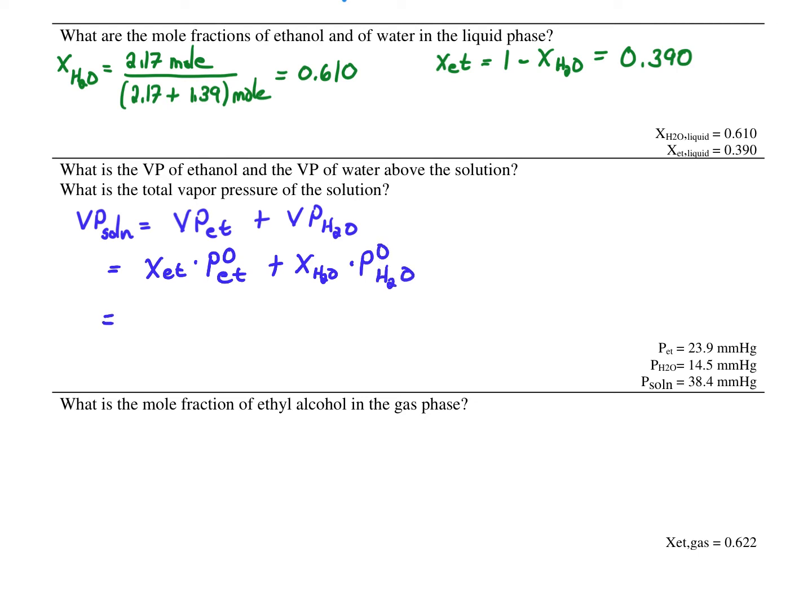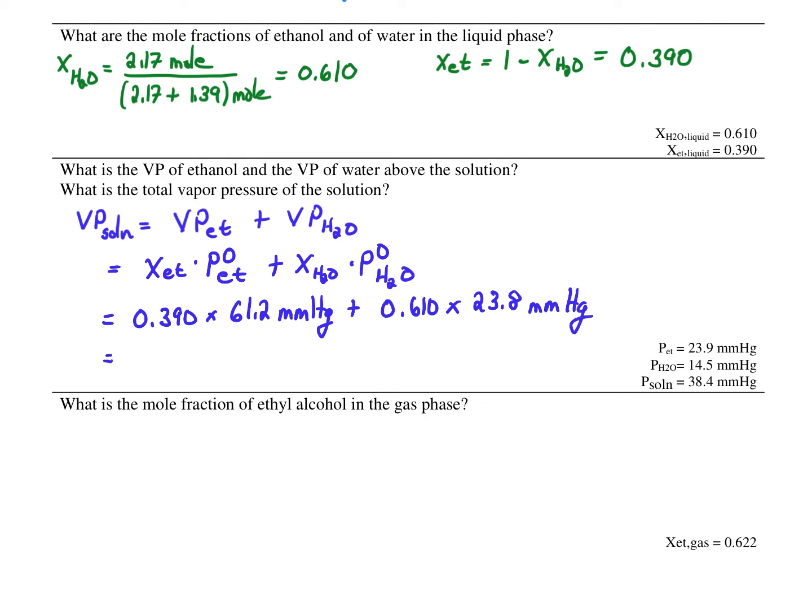Okay, we retrieve the numbers from our calculations. We have 0.390 multiplied by 61.2. That's for ethanol, and for water, its vapor pressure 23.8 millimeters of mercury.